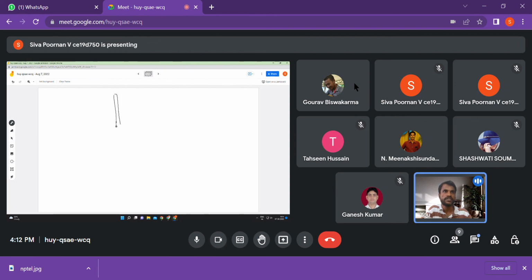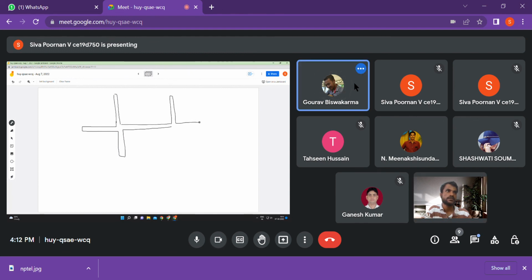Let's say we have a frame structure, something like this. Let's say we have a roller here too, a fixed support here, and a hinge support here.